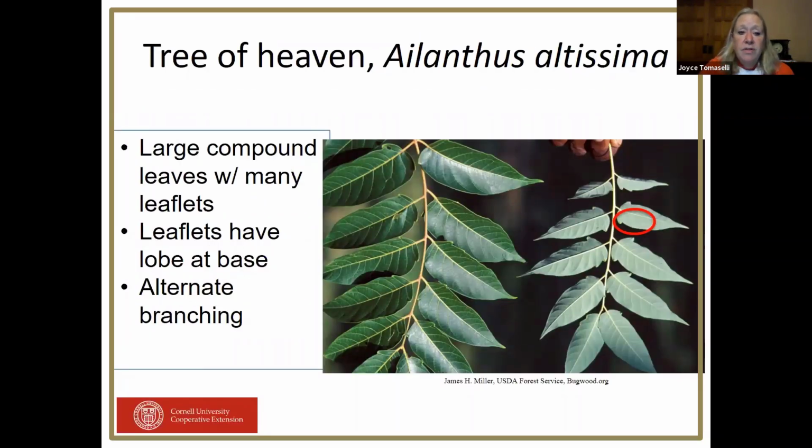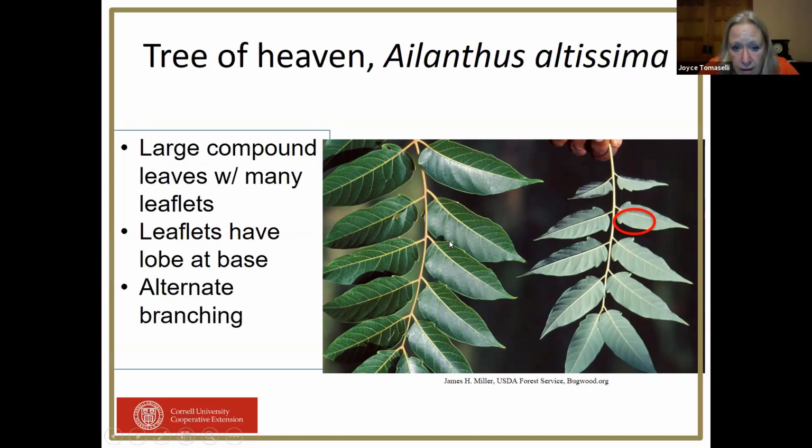So tree of heaven, this is this large compound leaf. It's very shiny. It has lots of leaflets. But the main thing that you need to remember is when you're looking at a compound leaf in Dutchess County, if you see this little node here, where's one?